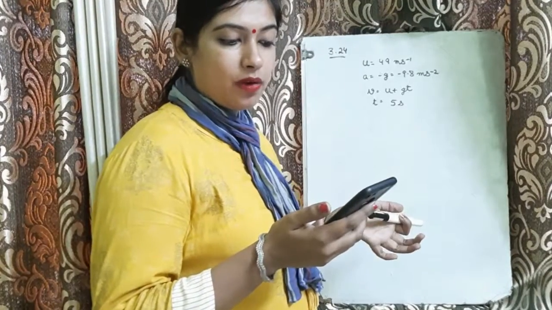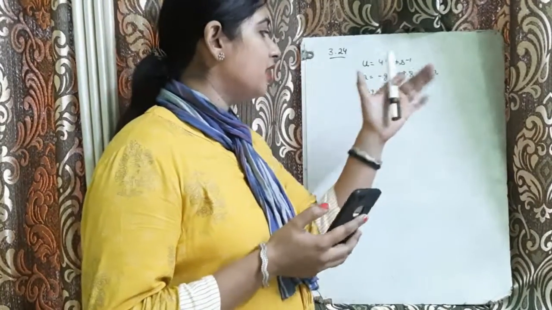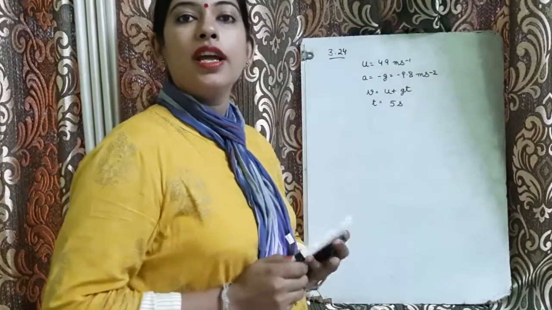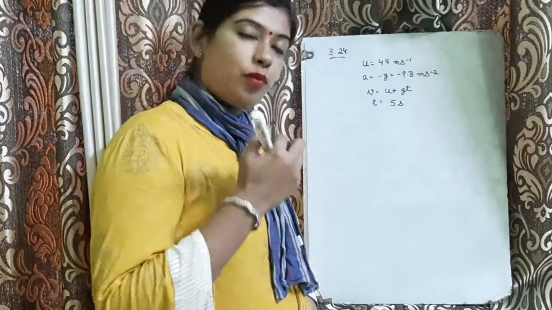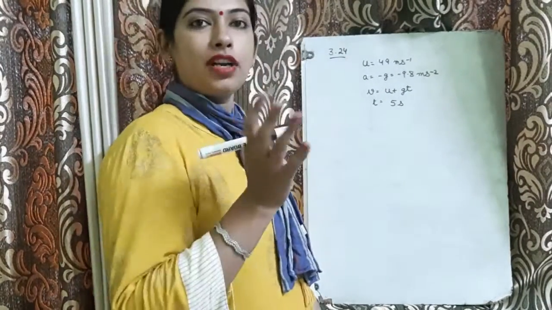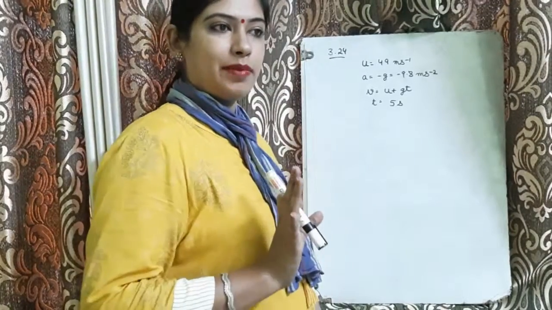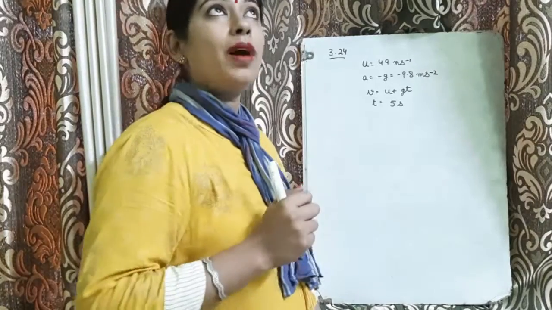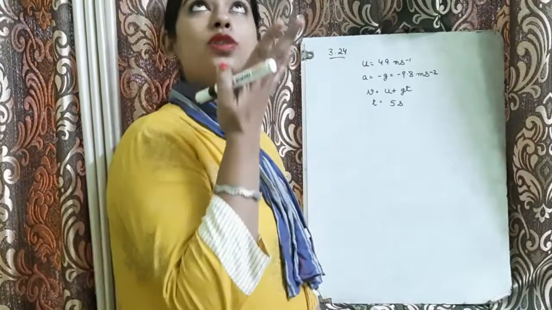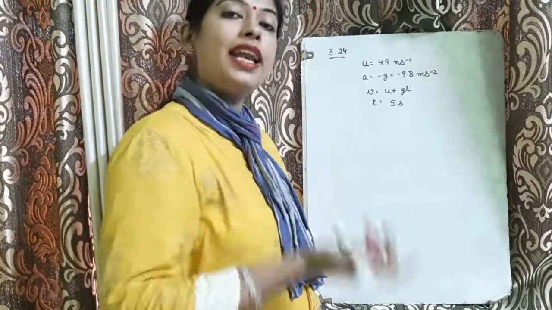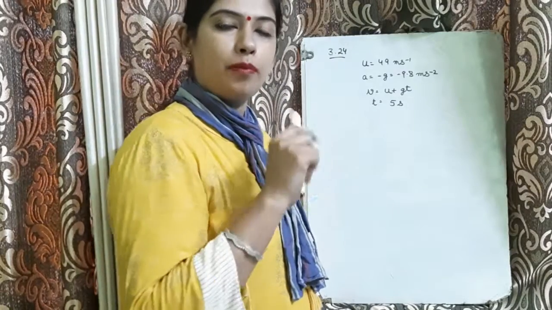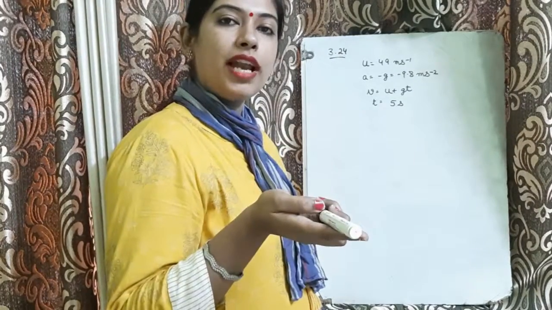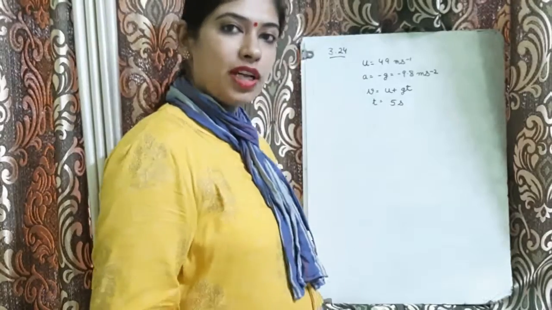We have to calculate the time in which the ball returns to the ground. Here there is a boy standing in a lift, and the lift is stationary, meaning the lift is not moving and it is open from above, and he throws a ball upward, and after throwing the ball upward, we have to calculate the time in which it comes to the ground.